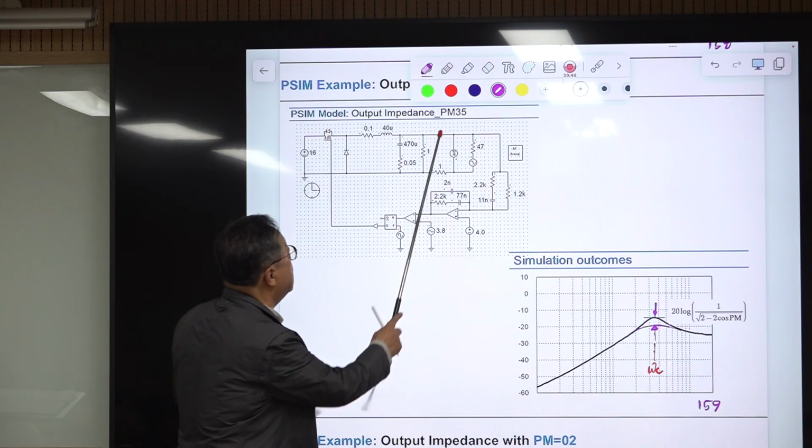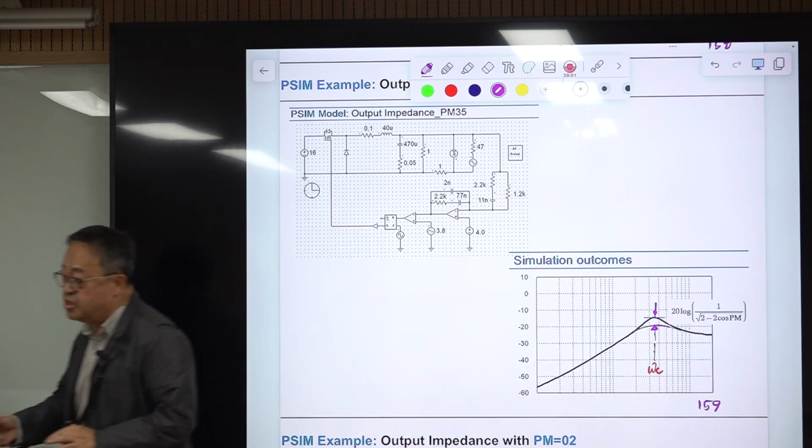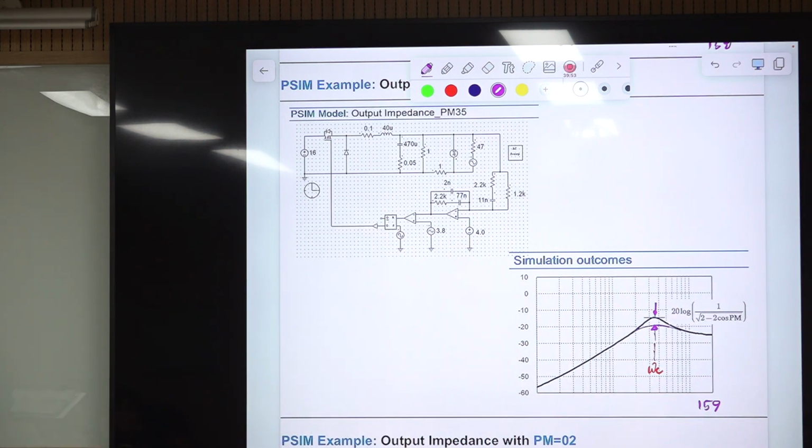So the phase margin here is 35 degrees. So we calculate this. Here, 20 log of 1 divided by square root of 2 minus 2 cosine 35 is 4.4 dB. So this is very close to that one.